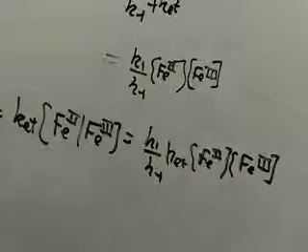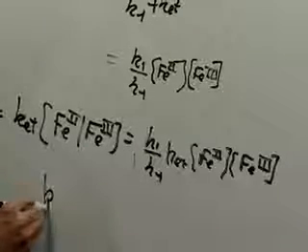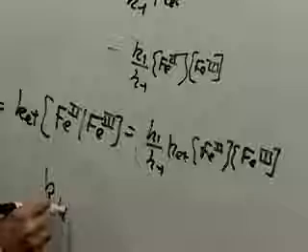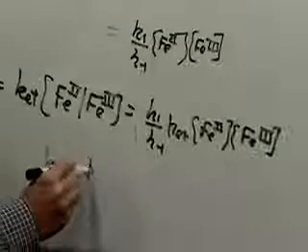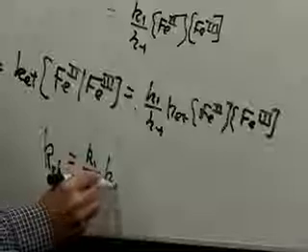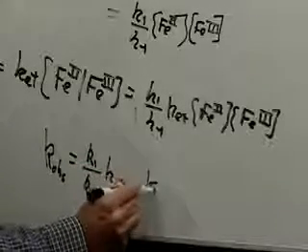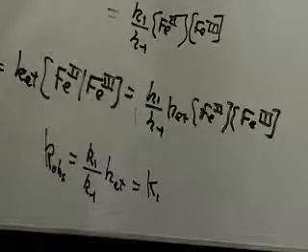Okay, so this is now my K observed, my rate constant. It is going to be K1 over K minus 1 times KET. Or I can just call it K1. It's an association constant, the equilibrium constant to form the precursor.